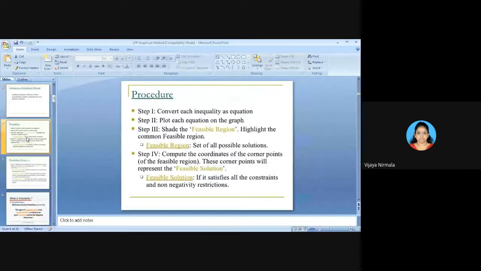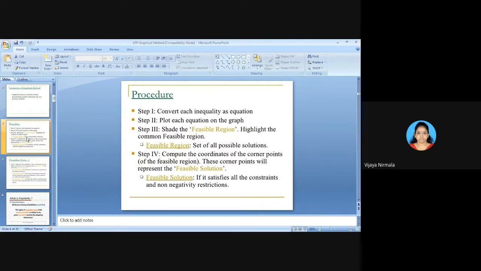Now let us see the procedure: how to solve linear programming problems using the graphical method. There are some steps. This is very important, so you need to write down this procedure. In step 1, first convert each inequality into an equation.